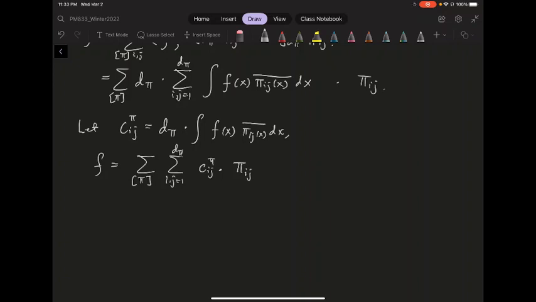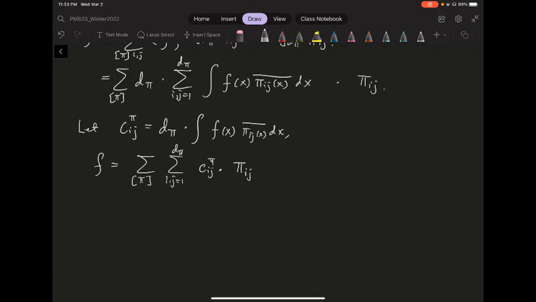Basically, you can use these pi ij, which are orthogonal to each other. Their inner product is equal to 1 over d pi if they're the same and 0 otherwise.